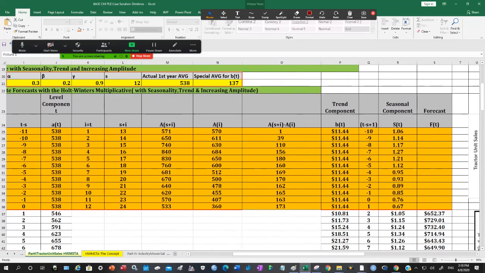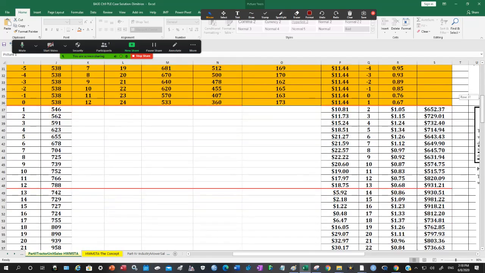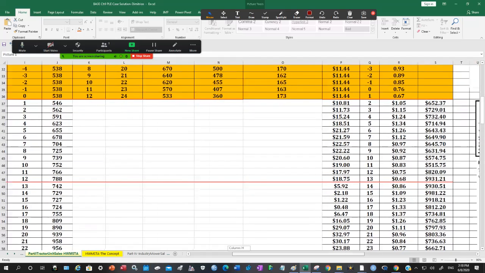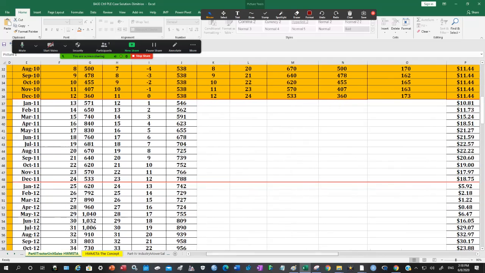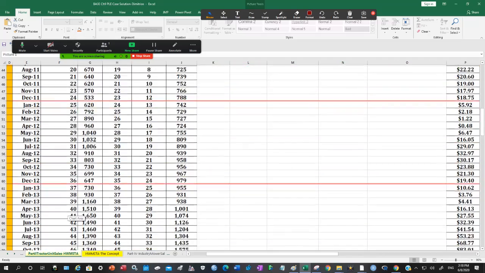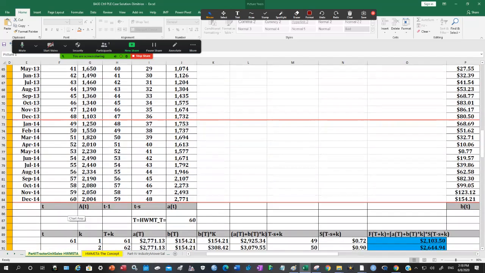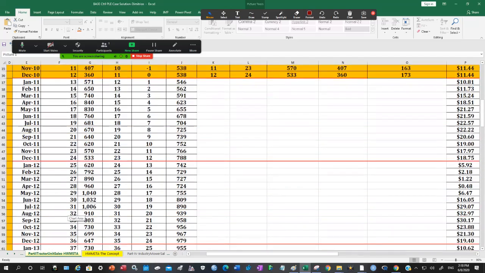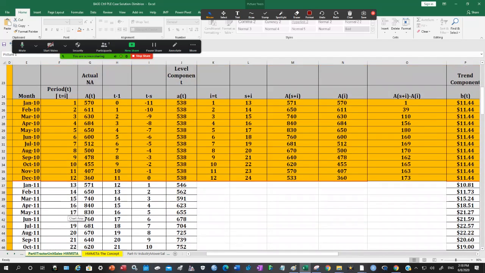No forecasts. Then for periods 13 all the way to 60, here I have forecasts.